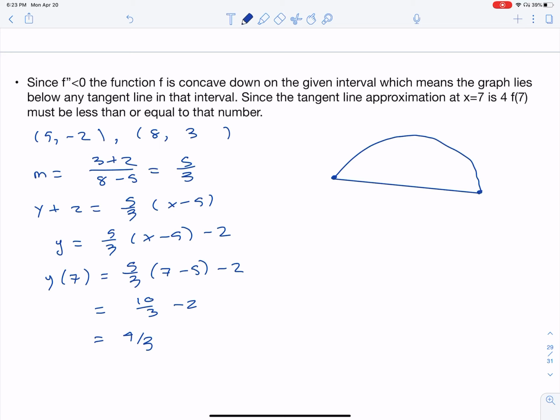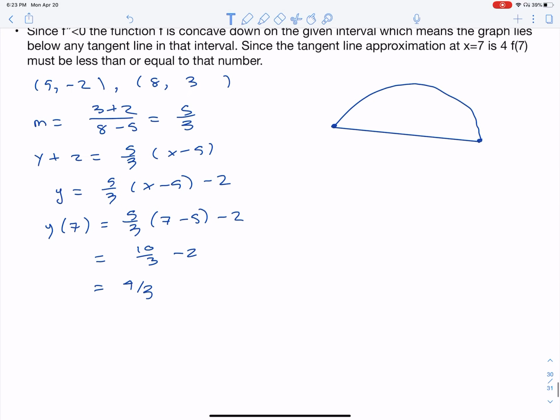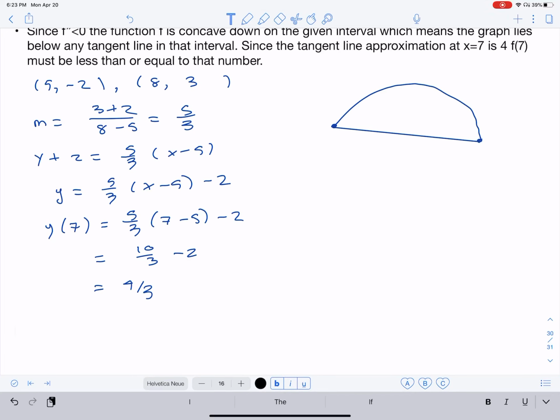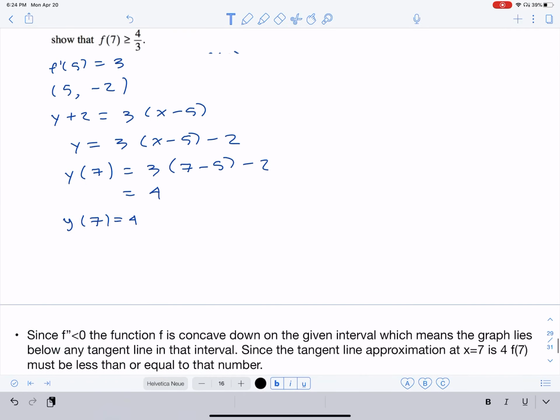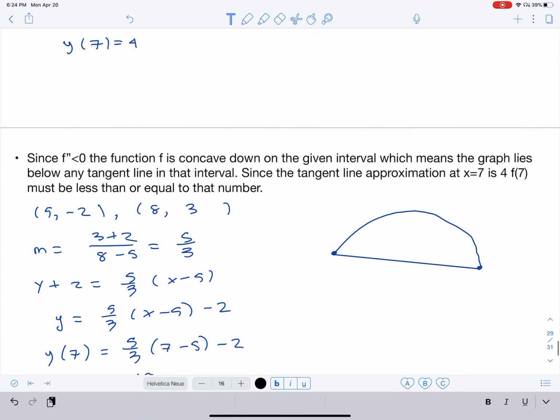Let's see if we can write that down in a way that makes sense. So, since f is concave down, the secant line from, was it closed or open? I don't know if it mattered. I think it was closed. I'll double check. Yep, from 5 to 8, excuse me.